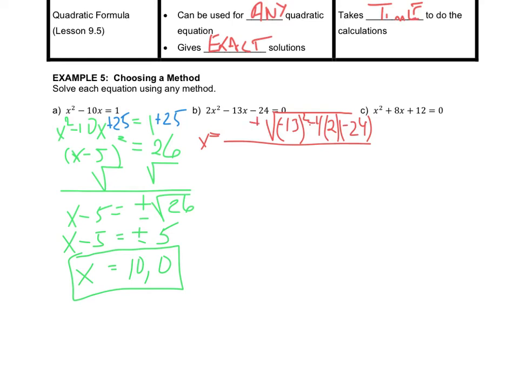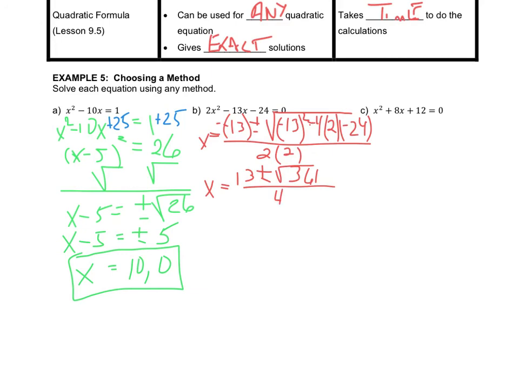So then I can kind of think, all right, I got to go back and figure all this out. Negative b is that first thing, which is negative 13, which is going to turn into a positive 13. And I'm going to do 2 times a in the denominator, which is 2 times 2, which will be 4. So my next line is 13 plus or minus 361 when I put together my discriminant, divided by 4.